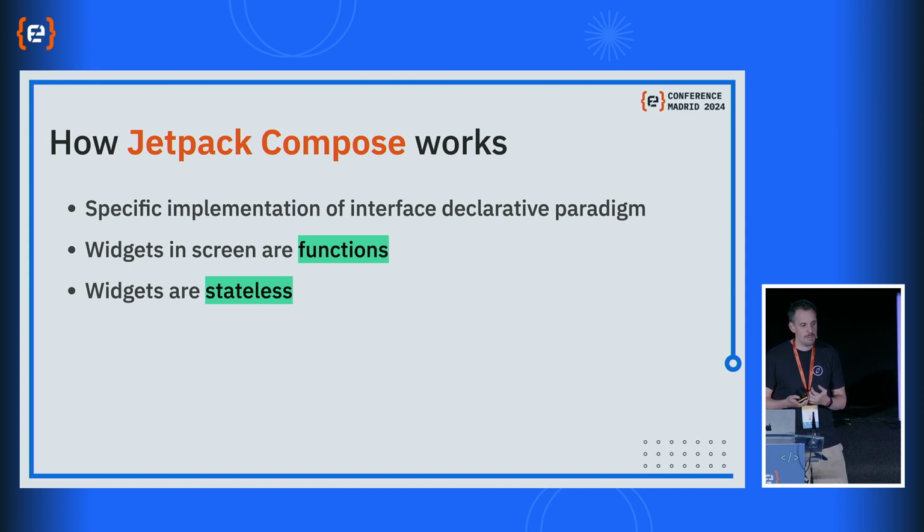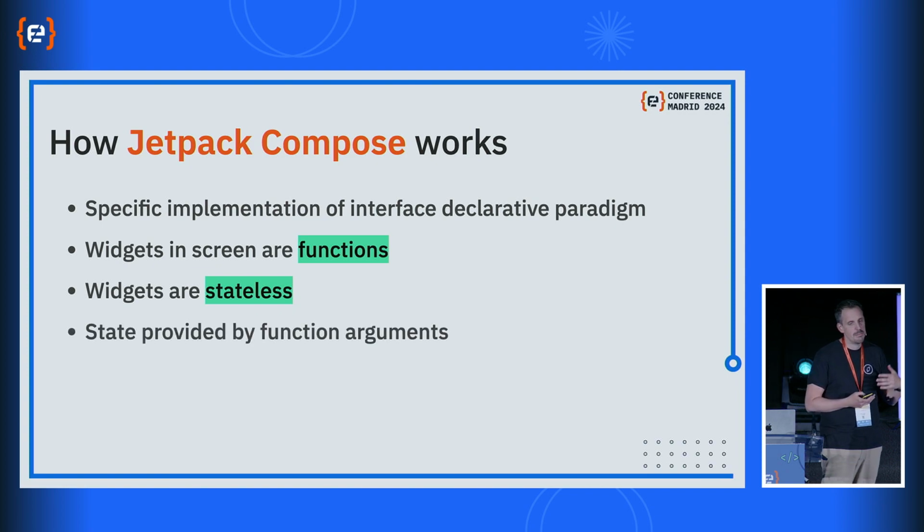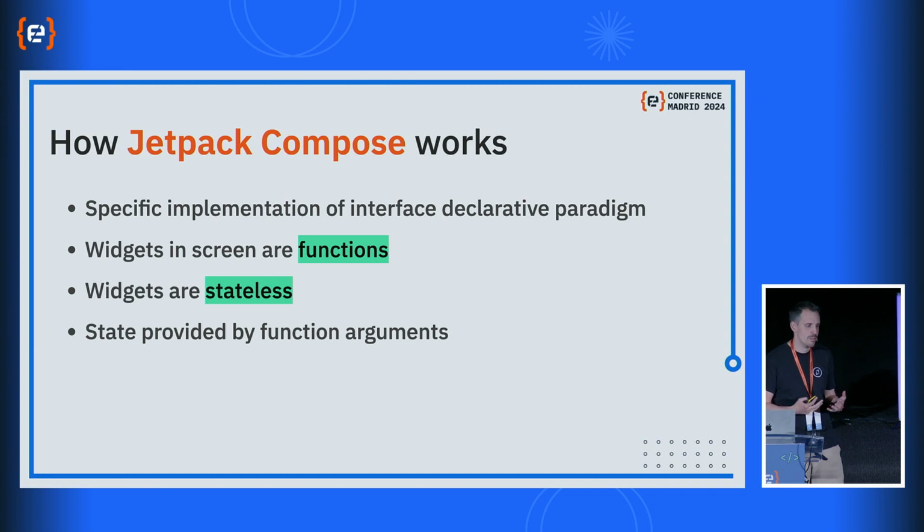How is the state provided? It's provided by using function arguments. So when we define a composable or use the composables that are provided in the standard APIs, they all receive a set of arguments, and these arguments define how this composable will be painted on the screen.